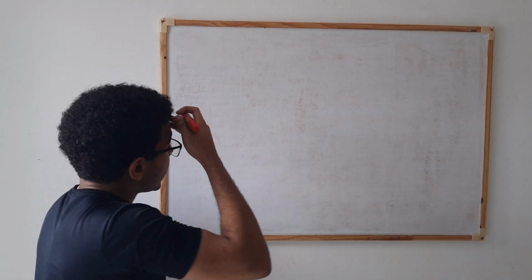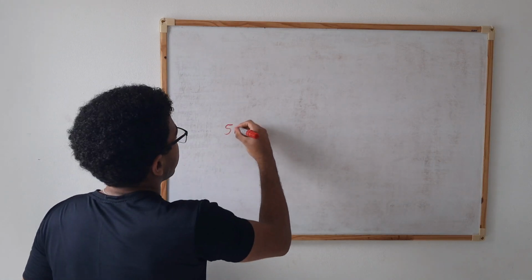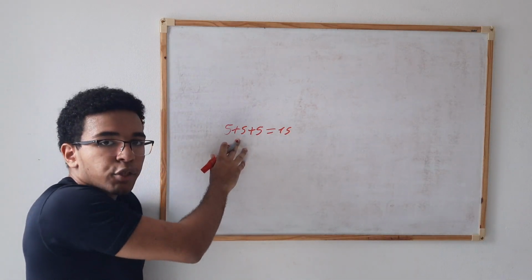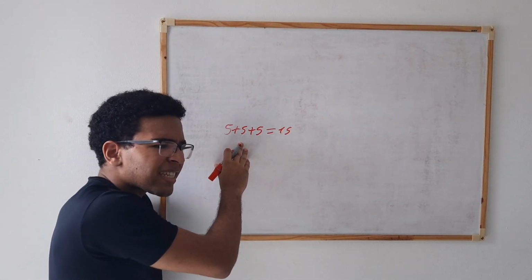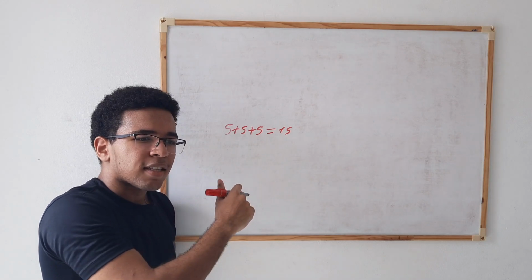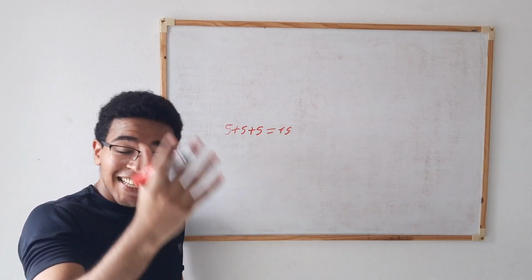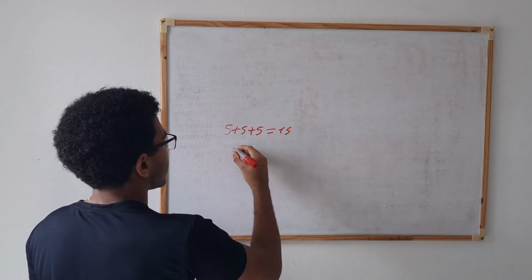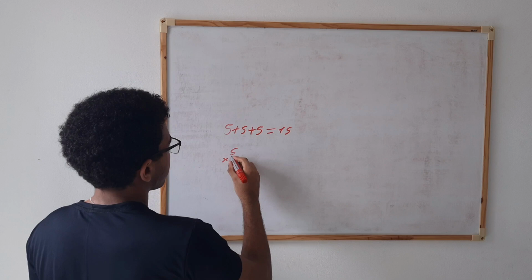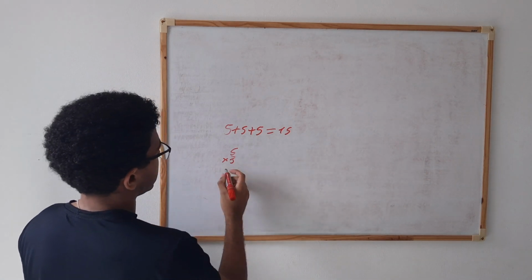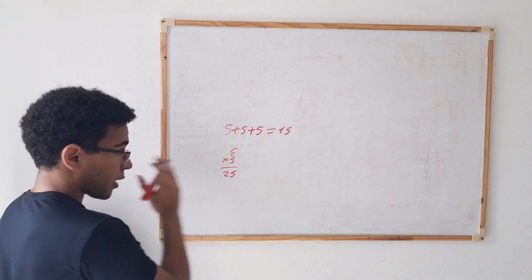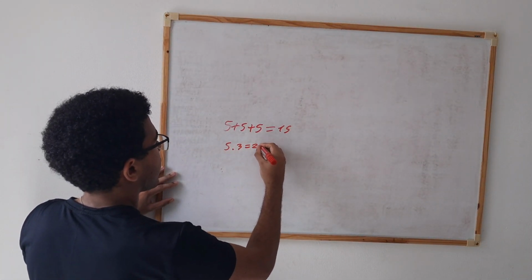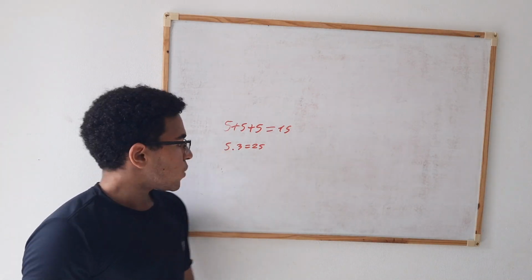So you can understand that 5 plus 5 plus 5 is equal to 15, right? This is very easy to do, right? A child could solve this very easily, right? But maybe not all children would be able to solve 5 times 3, which is equal to 15.